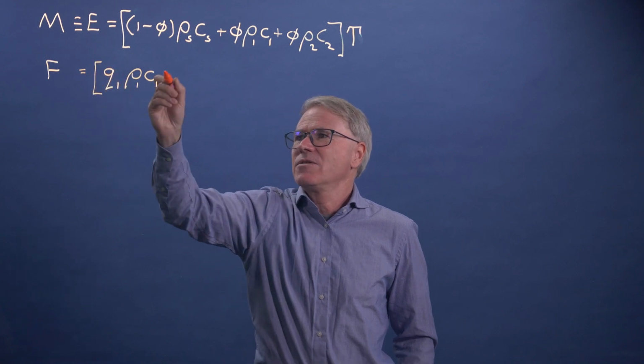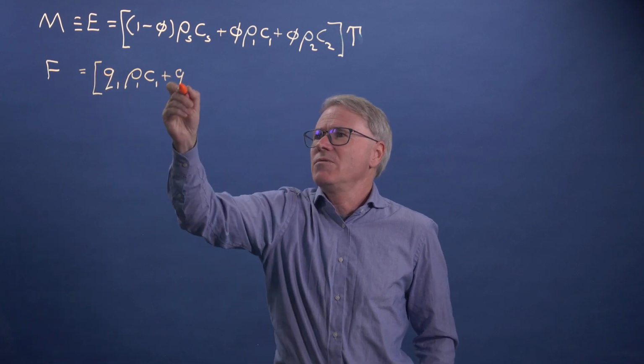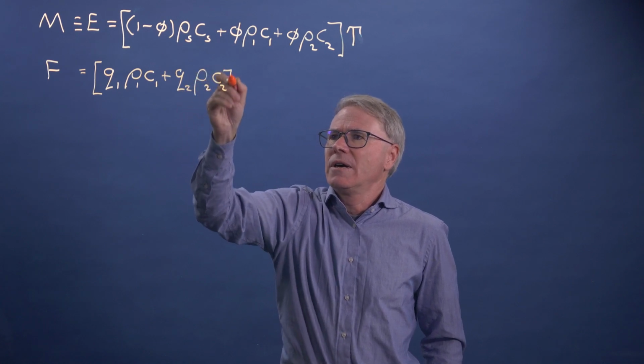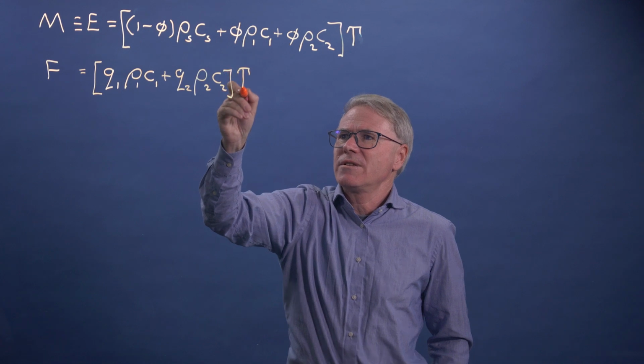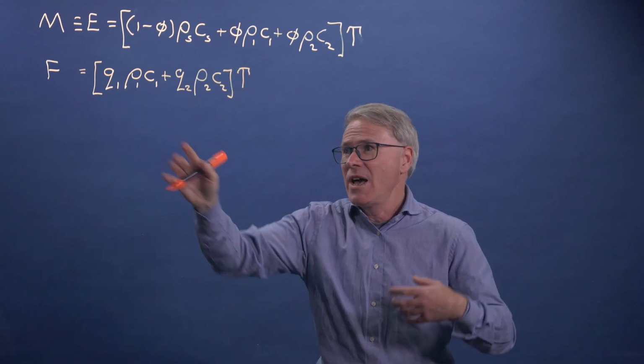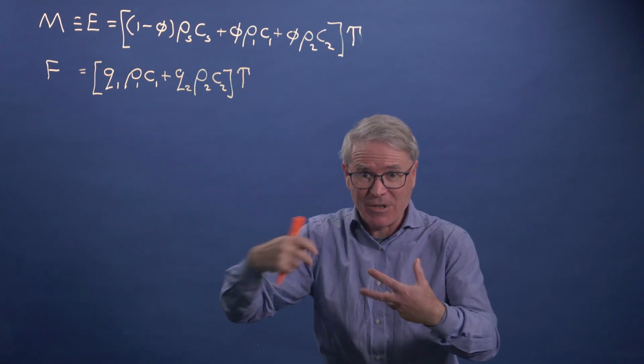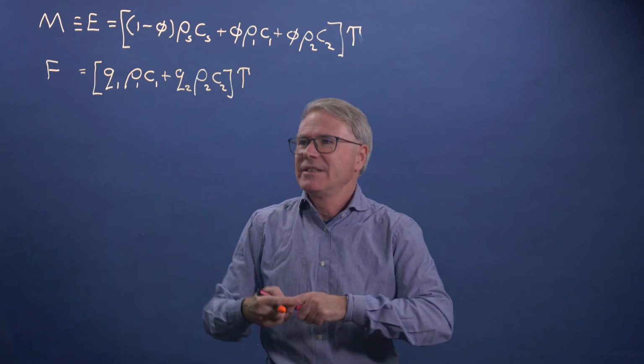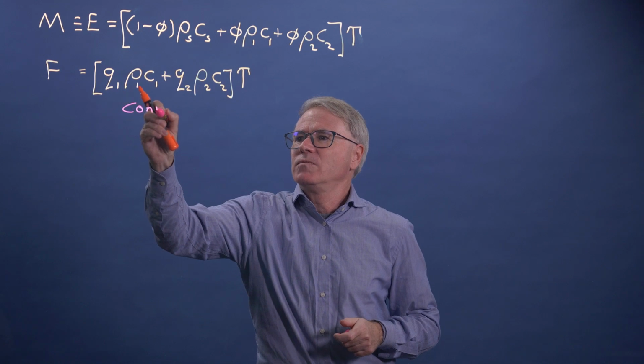So I'm going to again just put this as proportional to temperature. Q2 rho 2 C2, and this is proportional to temperature as well. It's a flux that's proportional to temperature and proportional to basically the amount of fluid that's flowing. Then we have, so this is convection.